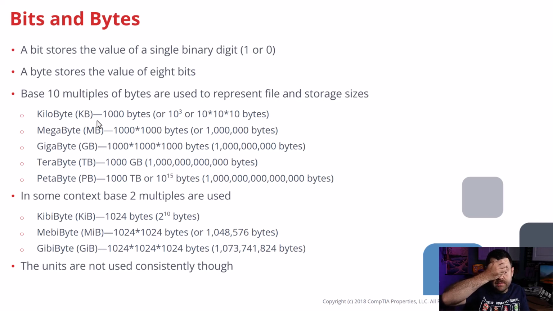And I wanted to take a minute to talk a little bit about hard drive storage. Let's say you buy a 1 terabyte hard drive. When you get it into the actual operating system, it might not be exactly a terabyte. It might not be exactly 1,000 gigs, okay?